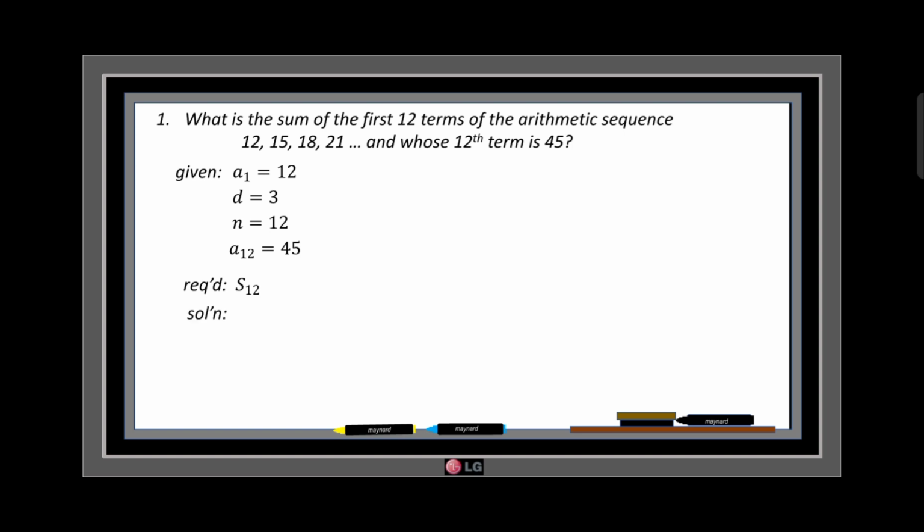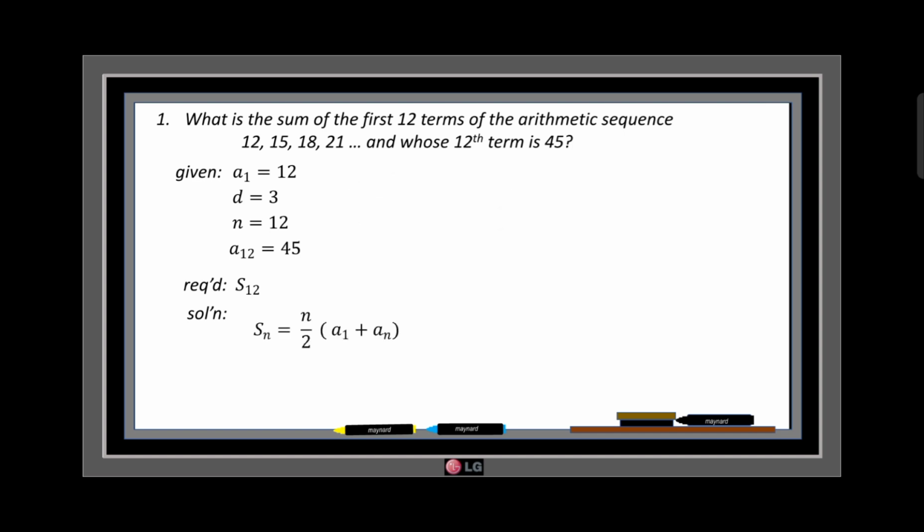Okay, so solution. Di ba may dalawa tayong formulang pwedeng gamitin? So, base sa given natin, gamitin natin yung pangalawang formula because meron tayong a sub 1, meron tayong n, and meron tayong a sub n, which is yung 45.